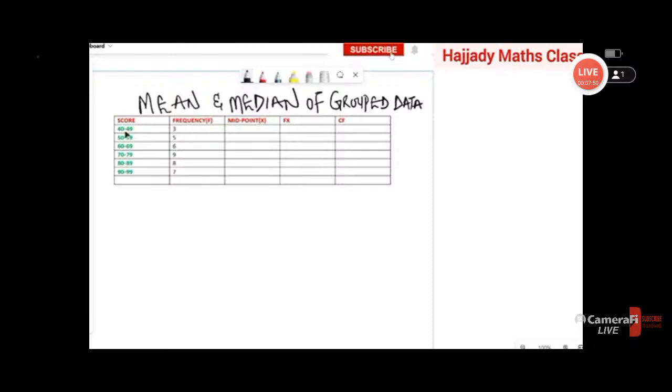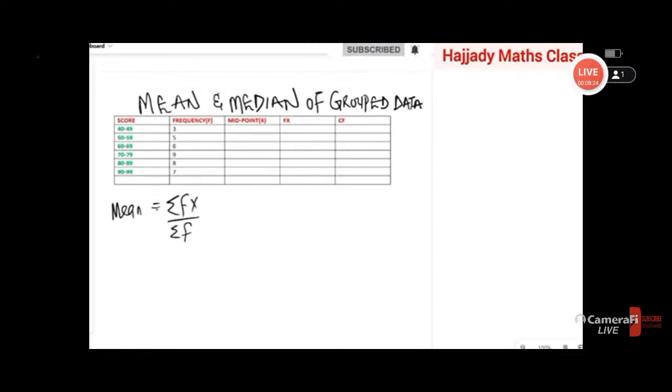Now, looking at the question given to us here, we have these observations being grouped as shown here, and we have the frequency for each of them. What we are expected to do is to calculate the mean. Don't forget from the definition that the formula for calculating the mean is summation of fx over summation f.